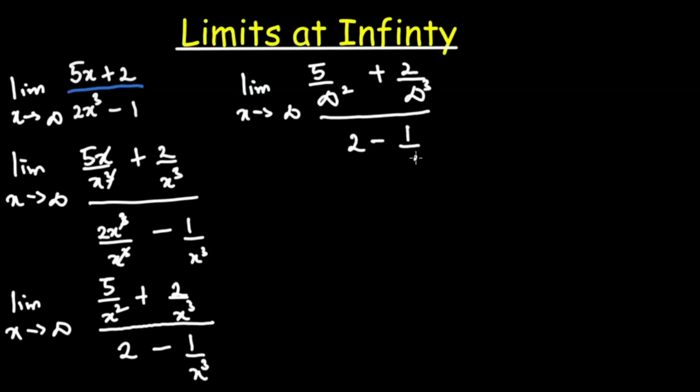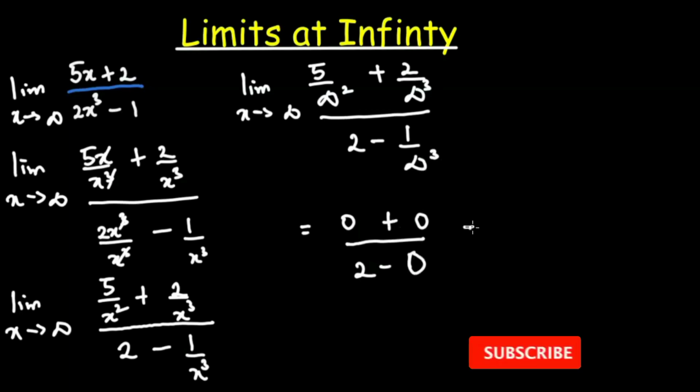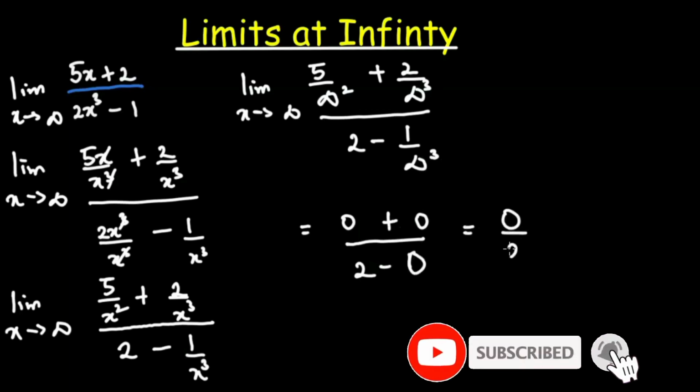Alright, so 5 over infinity squared: infinity squared is infinity, so 5 over infinity squared is 0. And this is also 0. And the denominator is equal to 2 minus 1 over infinity cubed. Infinity cubed is infinity, and 1 over infinity is also 0. And so our answer is 0 over 2, which is equal to 0. And that is how we approach this question.